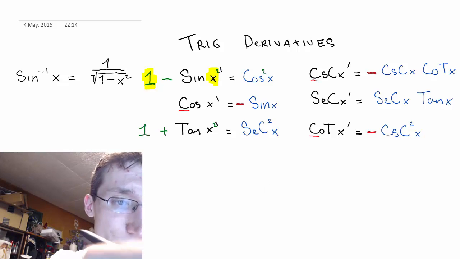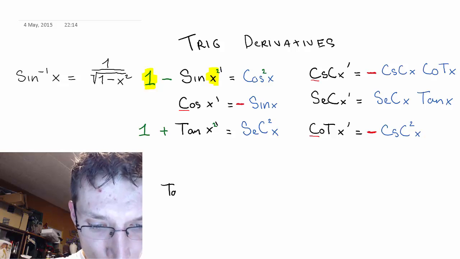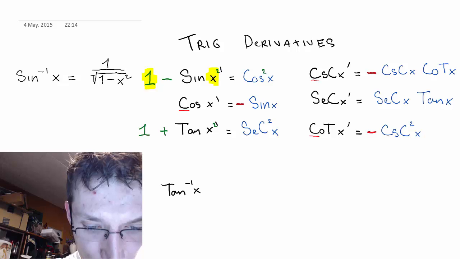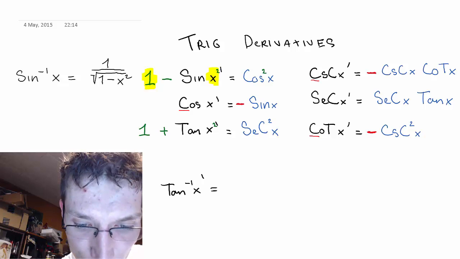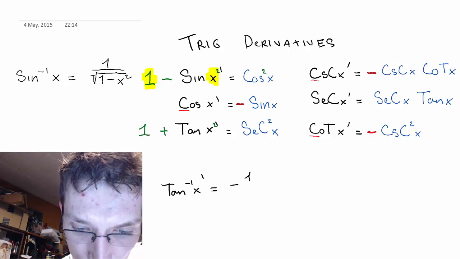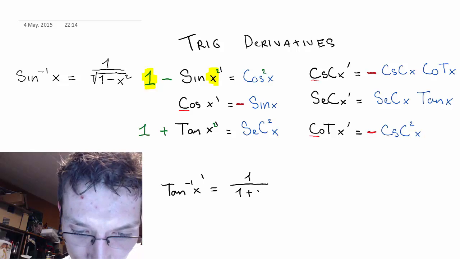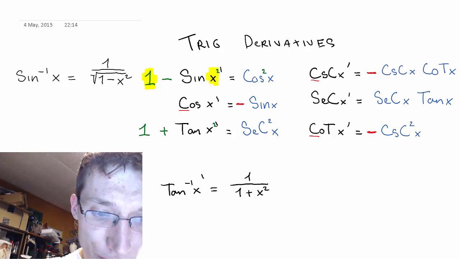And then there's another one with tangent. So tangent inverse of x is going to be 1 over 1 plus x squared, which is right here.